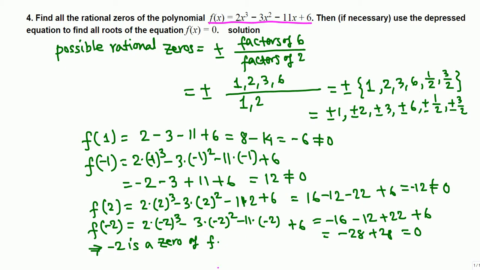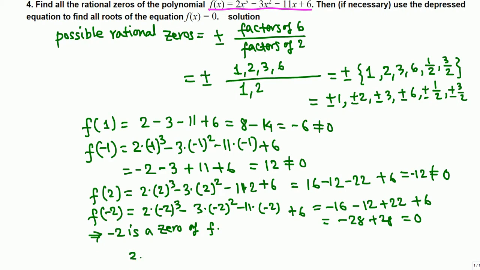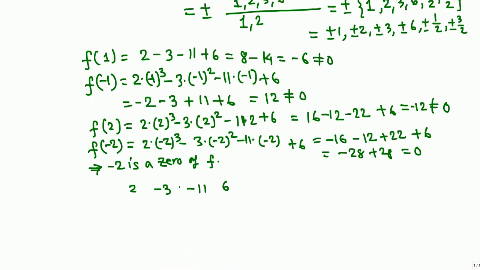So I'm going to write over here 2, negative 3, negative 11 and 6. We are doing synthetic division with negative 2 on this polynomial. Now bring this 2 down.